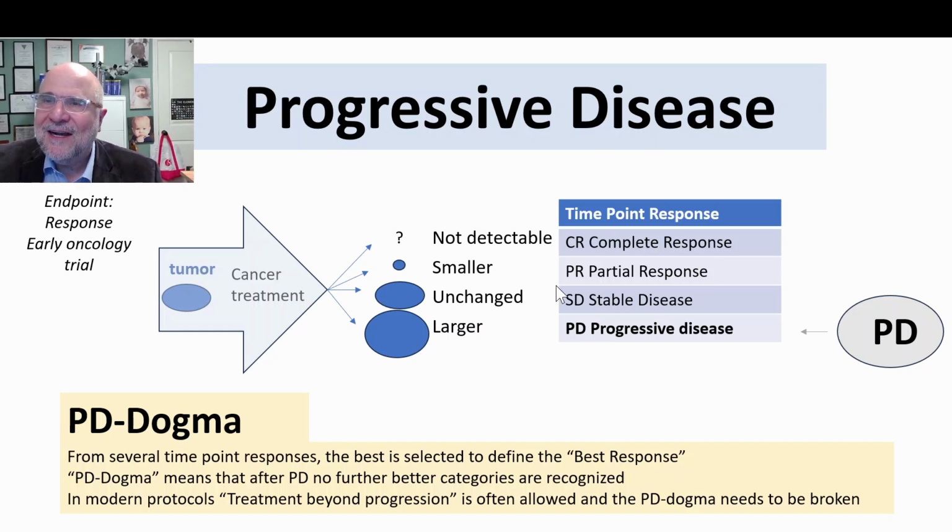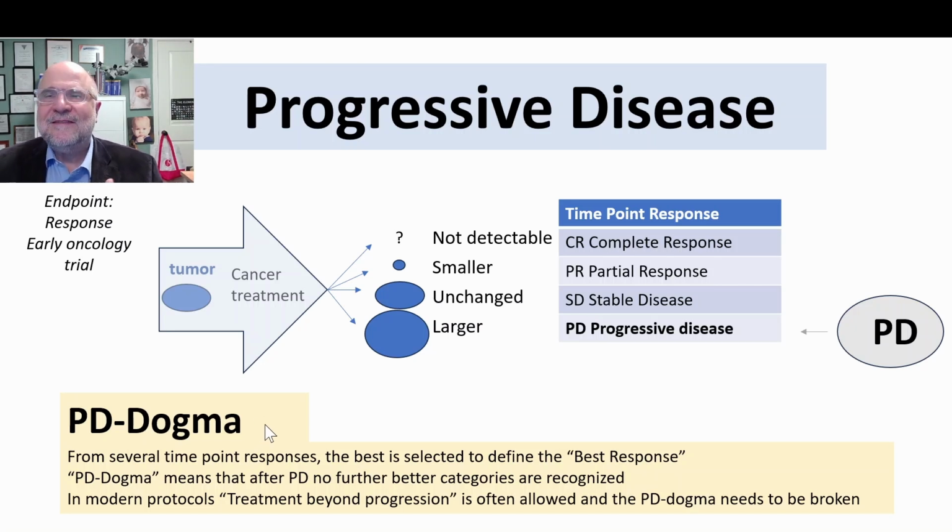These categories are described in more detail, specific for different cancers, in various response criteria publications. It is a very interesting field, and we have many videos about it. One point is sort of common among all of them. The term PD-dogma is something that belongs in the past.